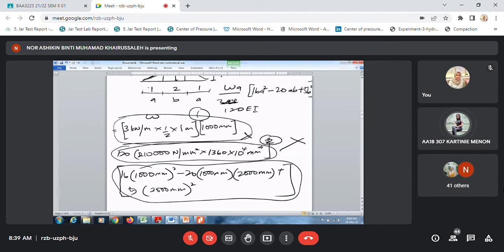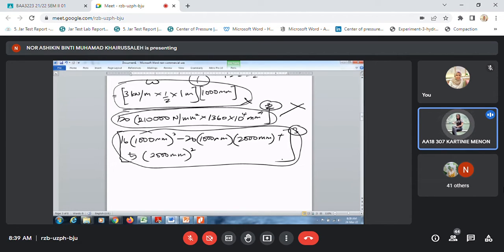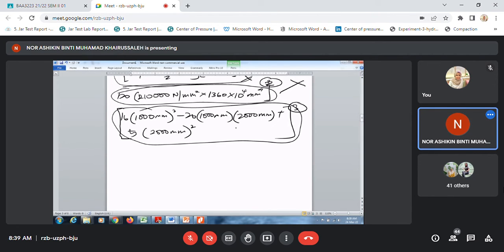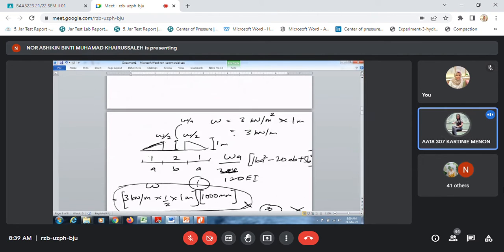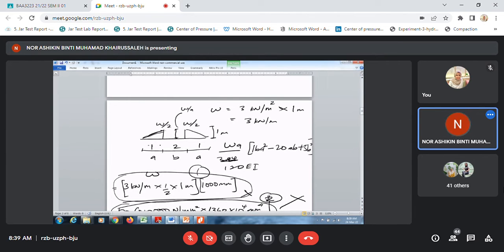Doctor, sorry to interrupt. This one we are calculating for slab 1, right? Yes. So the measurement should be like this now, right? 1.5, 1 and 1.5. But now we are using 1, 2, 1. Isn't it like for slab 2? Oh sorry, yeah. Thank you, Kat. We haven't finished slab 1, right?